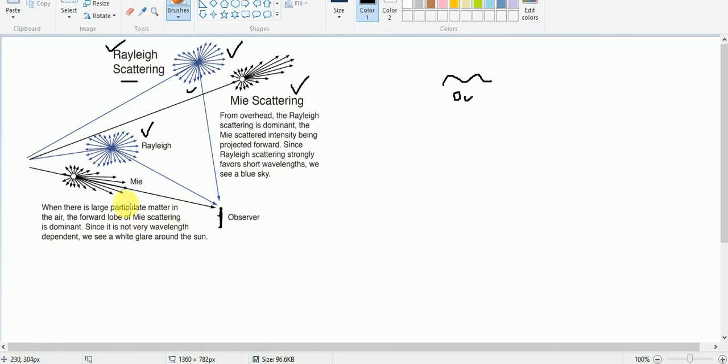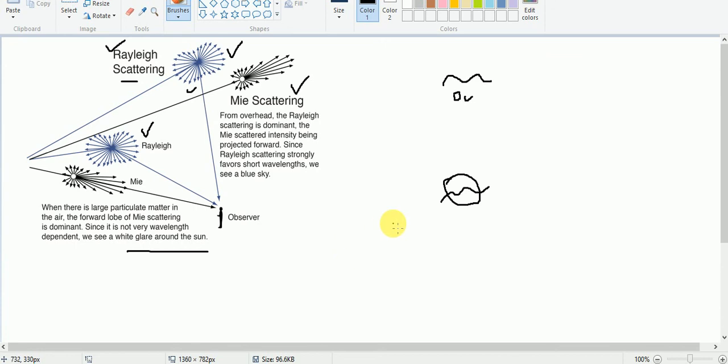In the case of Mie scattering, the diameter of the gas molecules or dust particles in the atmosphere is greater than the wavelength, and hence you get Mie scattering. Because of Mie scattering, you will see a white layer around the sun.